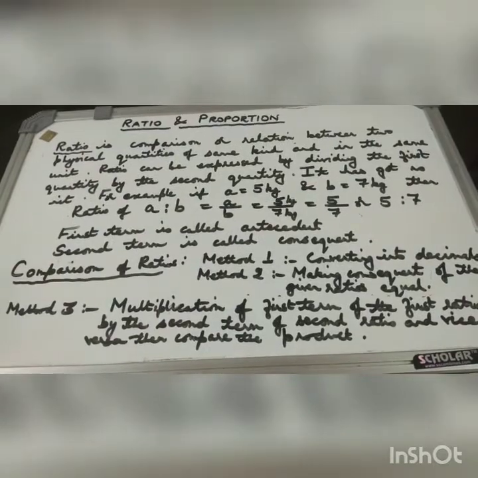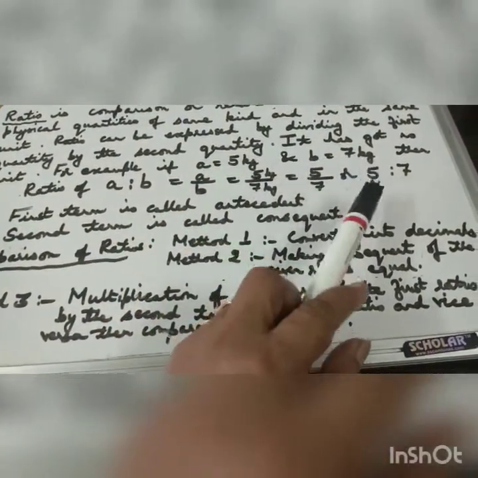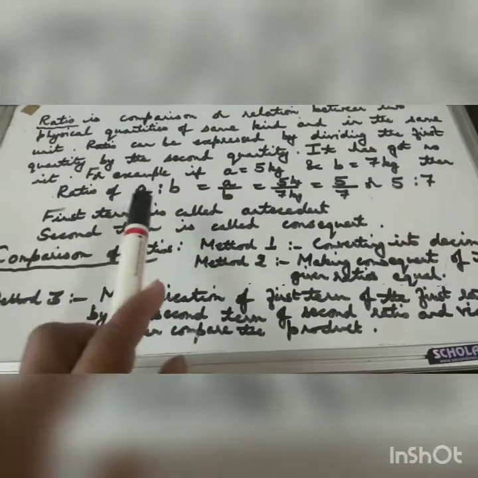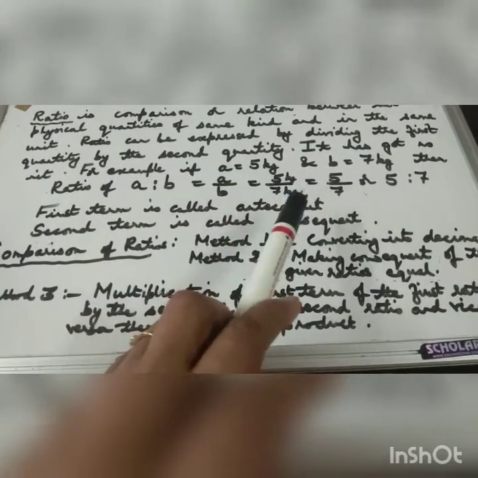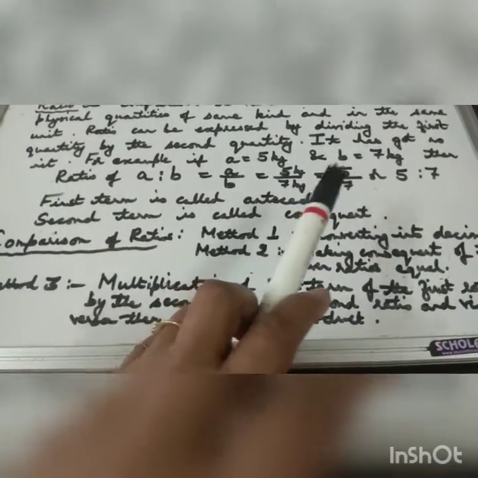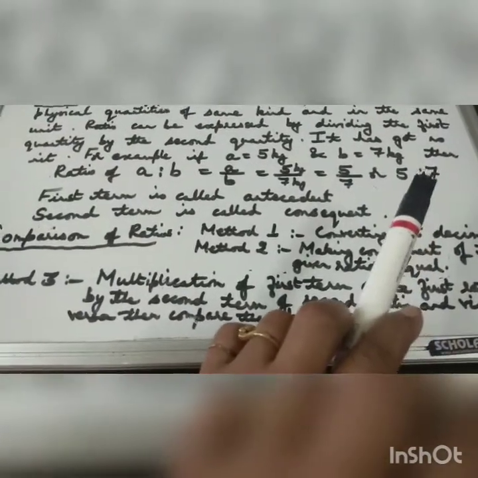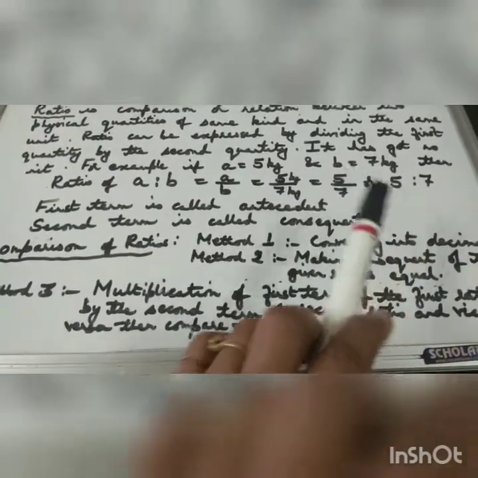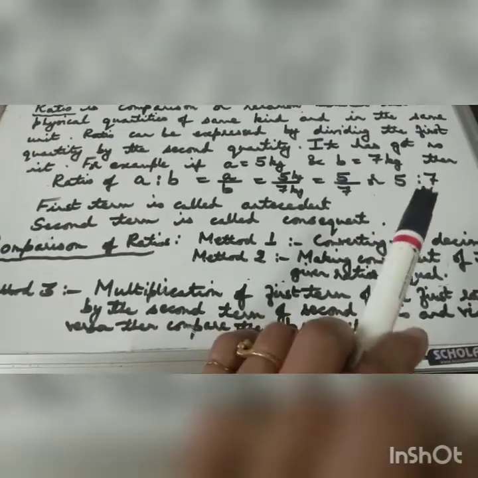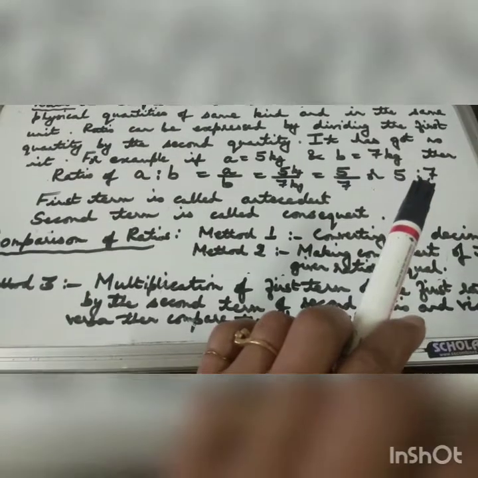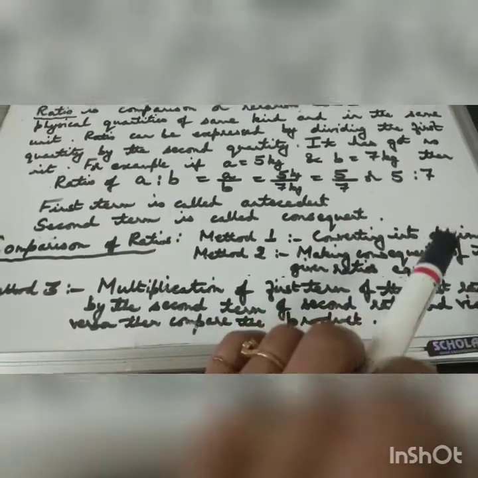For example, if A is equal to 5 kg and B is equal to 7 kg, then ratio of A is to B is A upon B equals 5 kg upon 7 kg equals 5 upon 7 or 5 is to 7. We represent ratio either in numerator upon denominator form, or by two dots, and we read it as 5 is to 7.